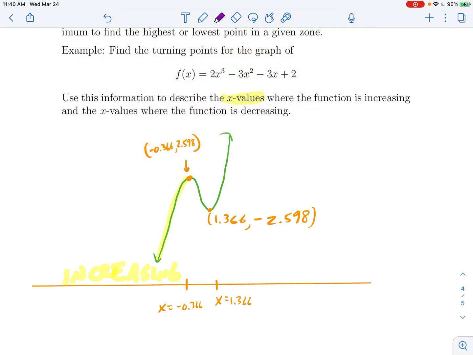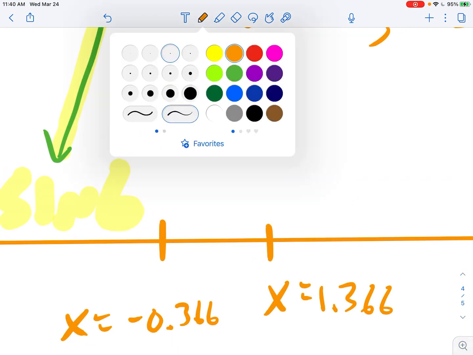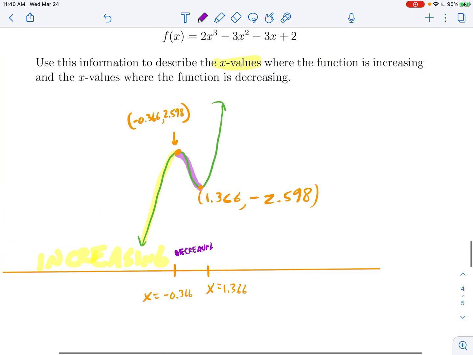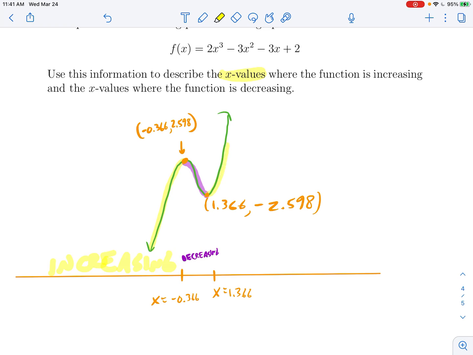Then I have this relatively short zone between the turning points where I'm decreasing. And then after that second turning point, again, reading left to right, I'm increasing again. This graph goes up, then down, then up. So it's increasing, then decreasing, then increasing again.